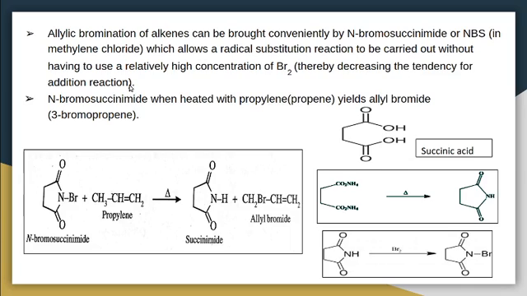So when we treat an alkene with simply bromine, we have to use a high concentration, so there will be a chance for the addition reaction. In order to avoid that, we can use N-bromosuccinimide for the allylic bromination of alkenes.